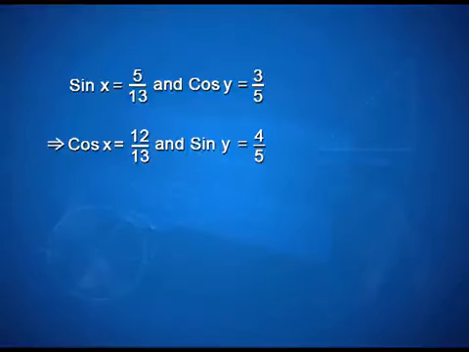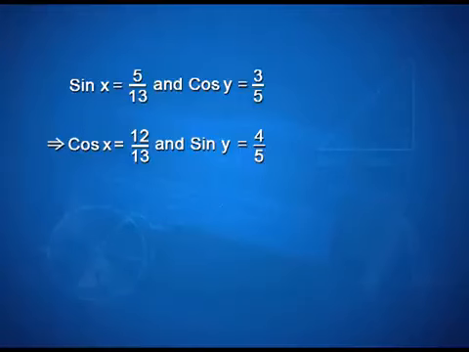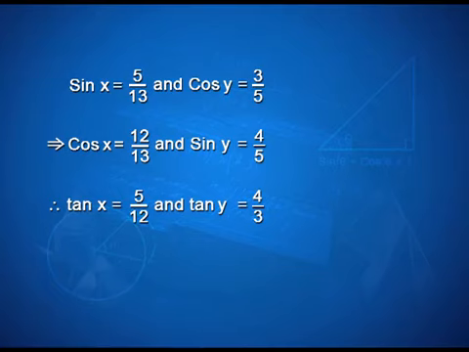So, cos x is 12 by 13 and sin of y is 4 by 5. Now, why did I calculate cos x and sin y? I had sin x and cos y, because I can now find out what is tan x and tan y. Tan x is going to be nothing but 5 by 12, tan of y is 4 by 3.